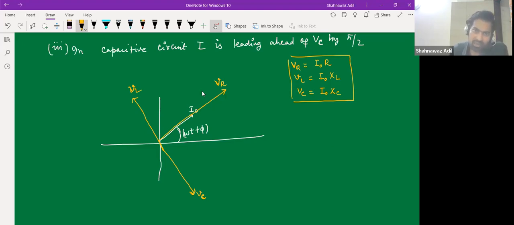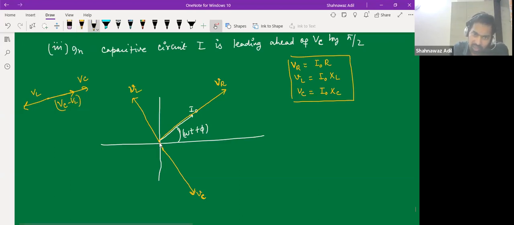Okay, remember I was talking about these two vectors. Let's say this is my VL and this is my VC, and this VC is greater than this VL. So my resultant would be VC minus VL in this direction.